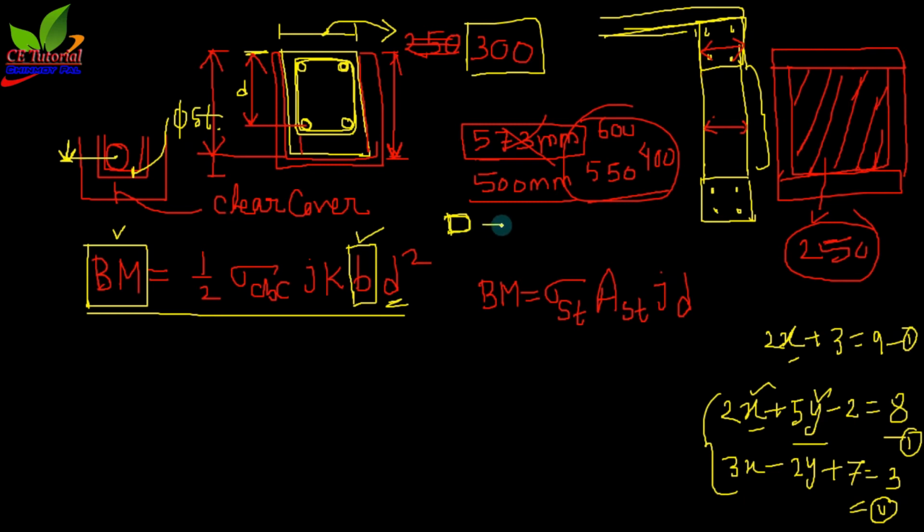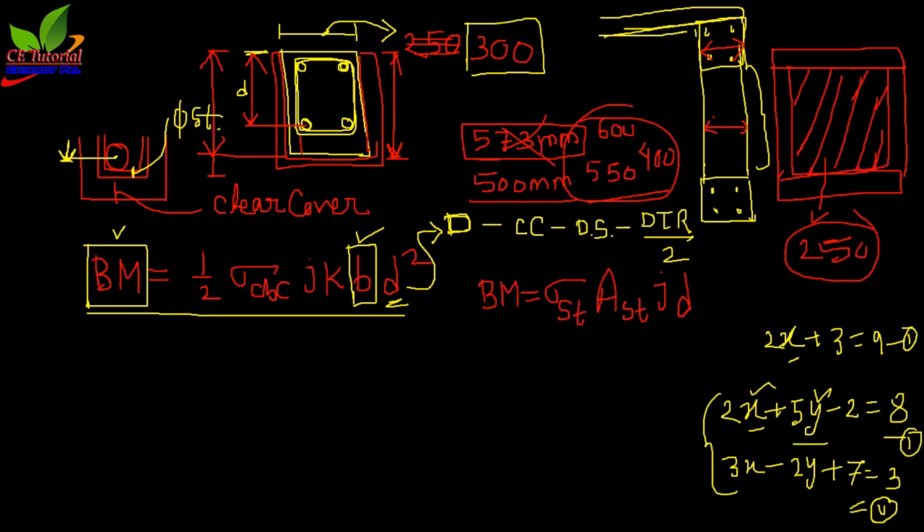So overall depth minus clear cover minus dia of stirrup minus dia of tension reinforcement by 2. Okay, so this is d, effective depth.